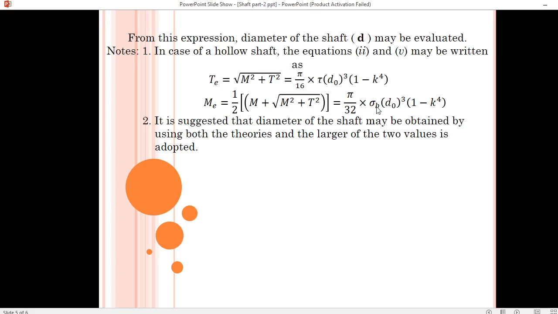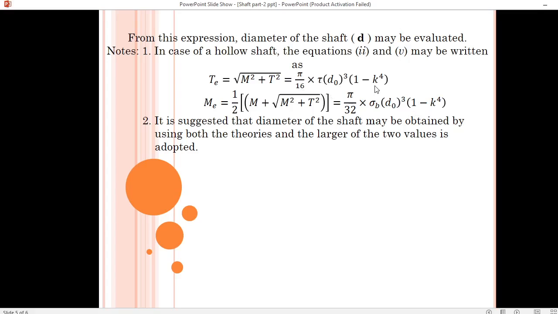Similarly here, sigma b into d0 cube, in place of d we are just putting d0 into 1 plus k, and k is the ratio of di by d0. So for a hollow shaft, in place of d we are just replacing it with d0 and 1 minus k.